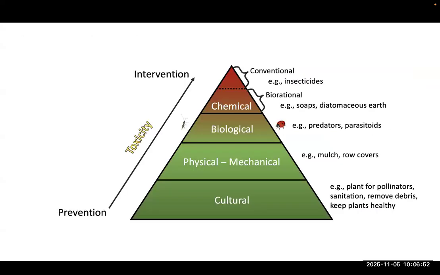So this is the IPM triangle. This is something that I use to talk about using these different strategies once you do notice pests, right? So you're basically starting with the most preventative, and then you're intervening with insecticides. So starting off with cultural controls, right?